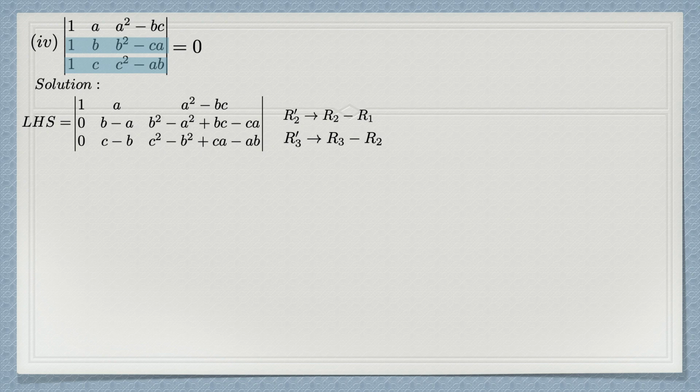Here highlighted is R3, 1 minus 1, c minus b. Next one is c square minus ab minus of b square minus ca. Minus is multiplied and it is shown in this. Now we want to check any common term is possible. We know the formula of a square minus b square. a square minus b square is a minus b into a plus b.